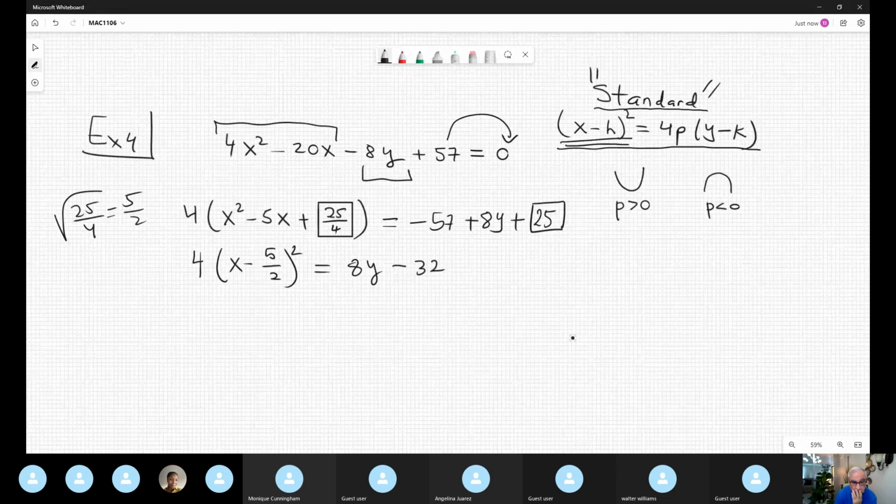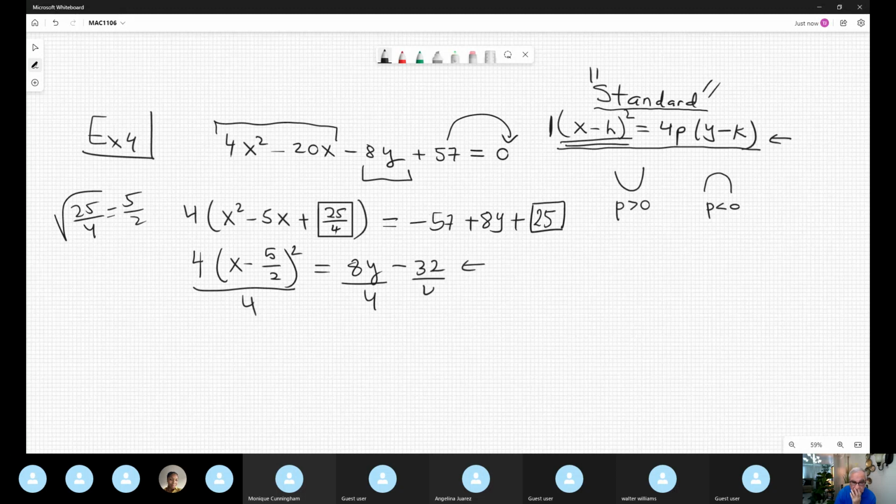Okay, I like that. Now compare this equation and this equation. Well, in this equation, the coefficient here is 1. Therefore, I need to remove somehow that 4. So you divide by 4, you divide by 4, you divide by 4, and so far we have x minus 5 over 2 squared is equal to y minus 8.